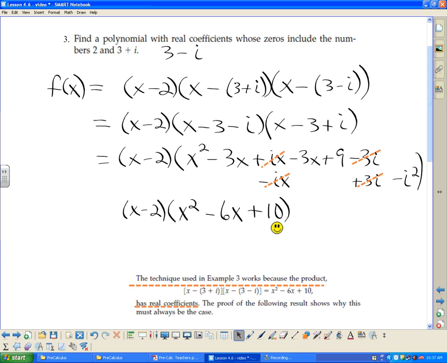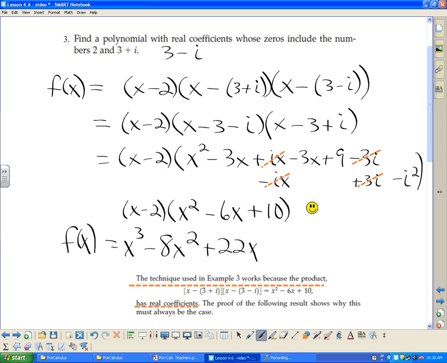So we'll finish this out and do the final multiplication, and we'll end up with f of x equals x cubed, and then negative 2x squared, negative 6x squared would give us negative 8x squared. And the positive 10x and positive 12x would give us positive 22x.